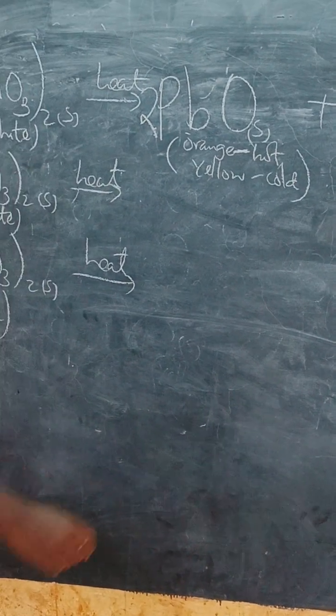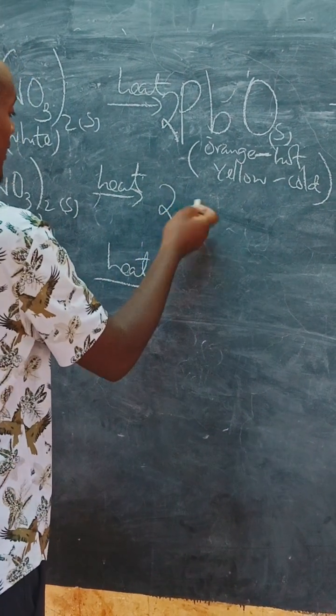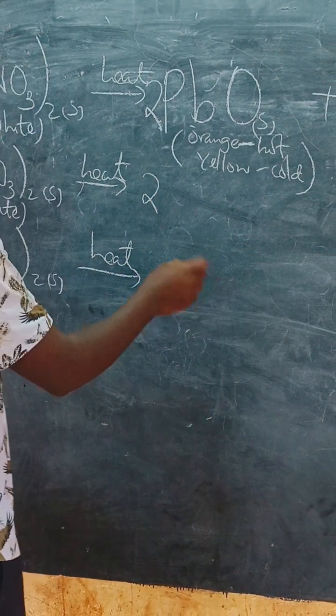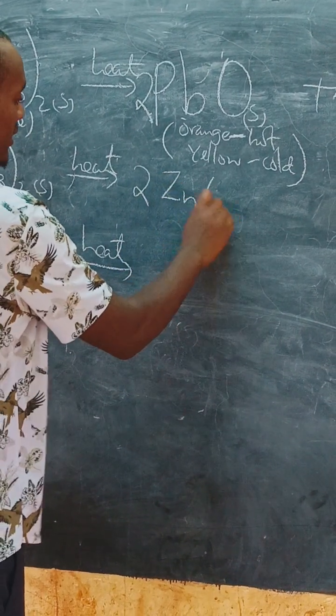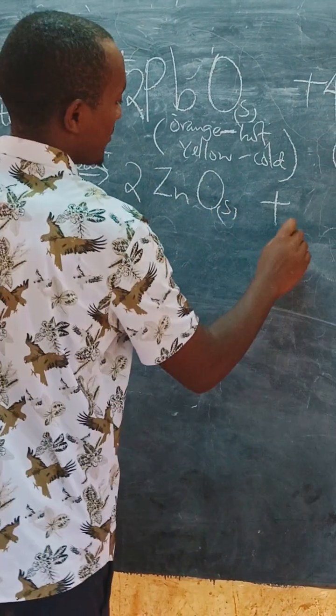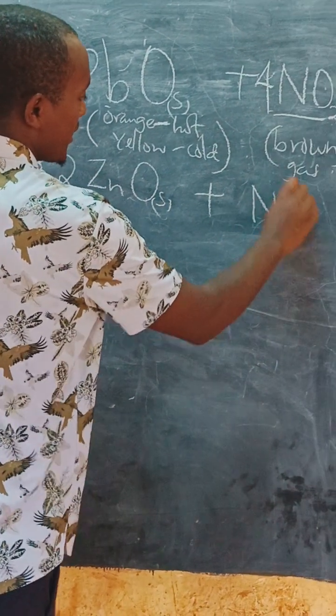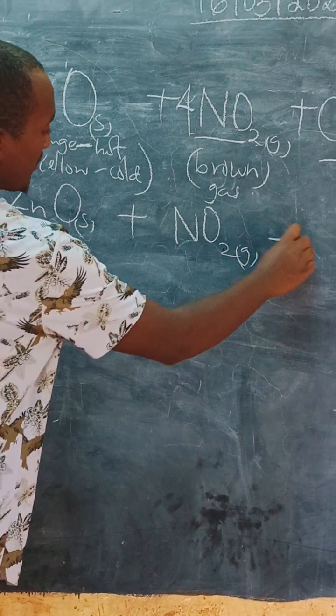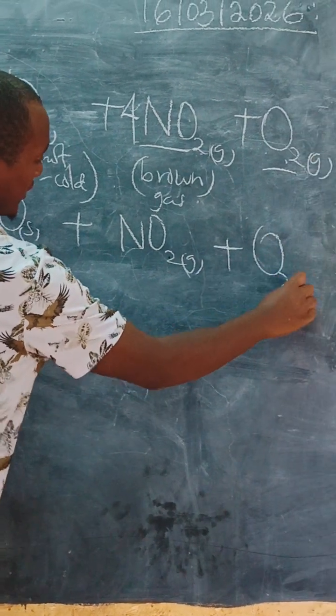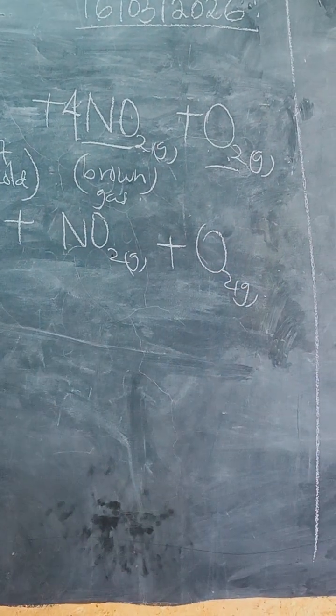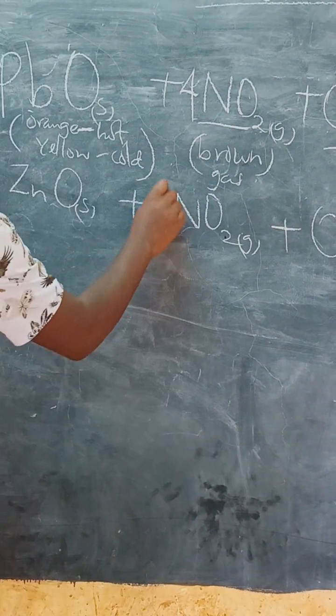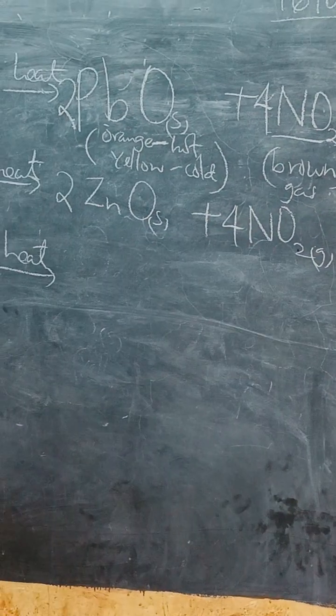When you heat zinc nitrate, it gives you something similar. It will give you zinc oxide, solid, plus nitrogen dioxide, gas, plus oxygen, gas. Balancing, we put a 4 here and a 2 there, and the equation is balanced.